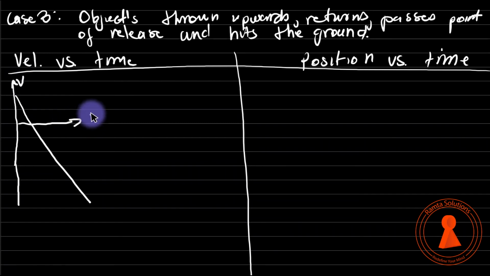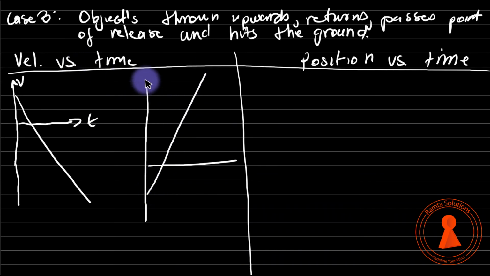So this is velocity, this is time. Now let me try with this one here. Okay, so when an object is thrown upwards, returns, passes point of release, and then hits the ground, the part where the object is going down will be longer than the part where the object is going up, right?